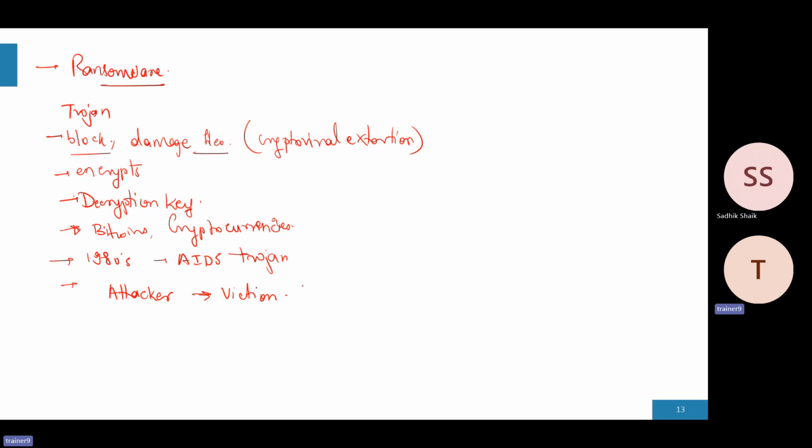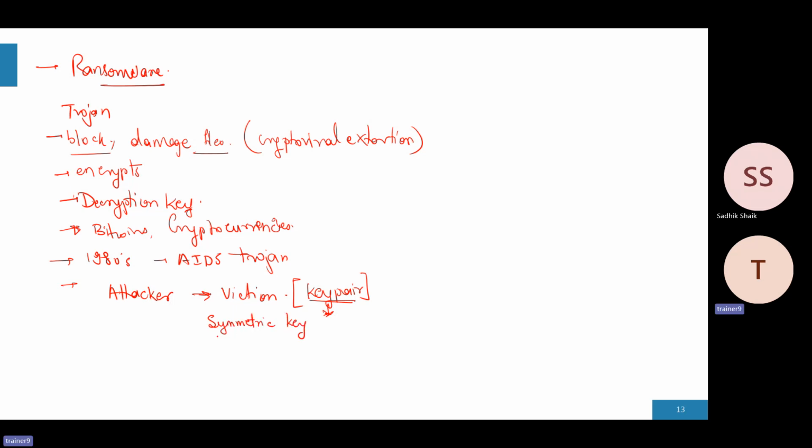They generate a key pair and place the corresponding key in the malware, and this malware gets released. The victim unknowingly installs it, and once it is installed, a symmetric key encryption happens.